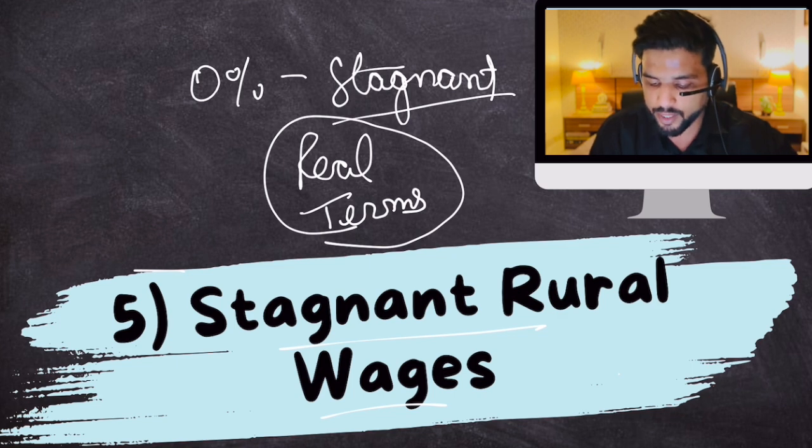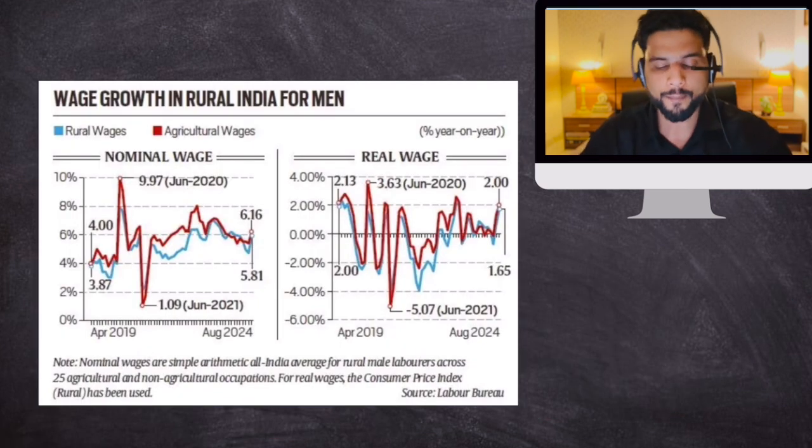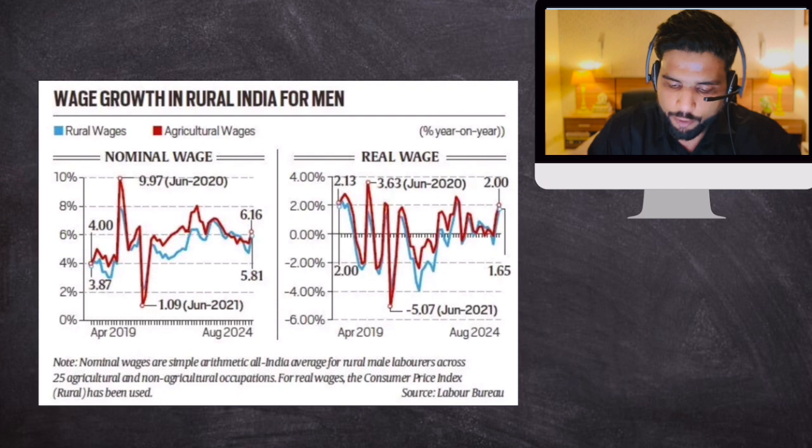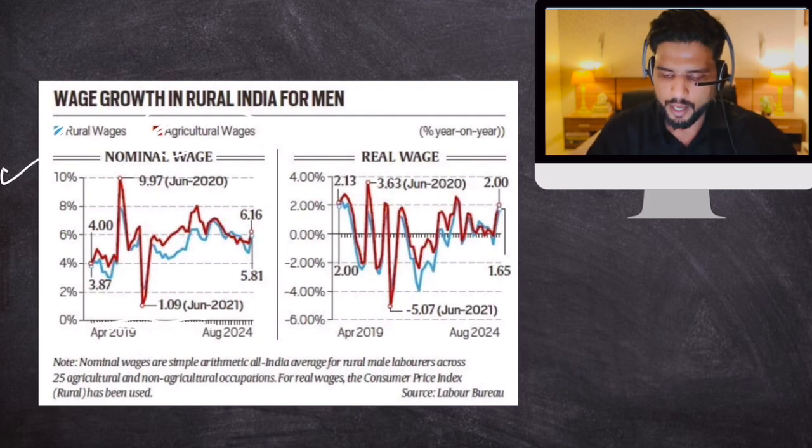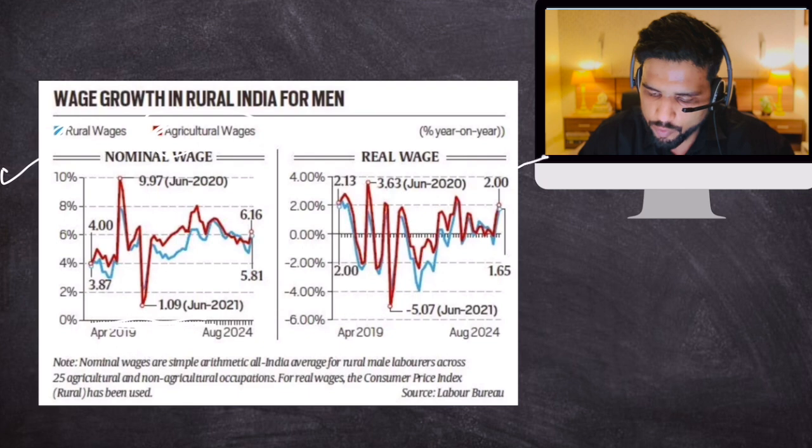And this is the data released by Labor Bureau. So this is the data for nominal wage growth rate, as you can see over here. So it is above zero, nominal wage growth rate as far as agricultural wages and rural wages are concerned. This is above zero. But when you talk about real wages over here, then you see that zero is over here. So real wages have sometimes been below zero.